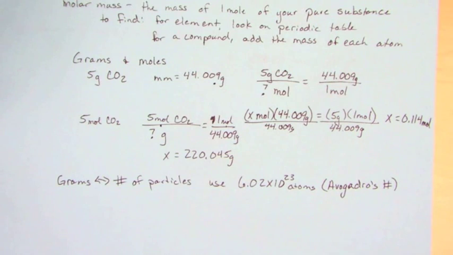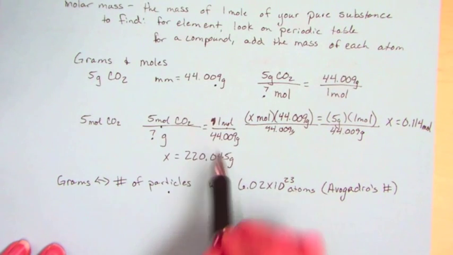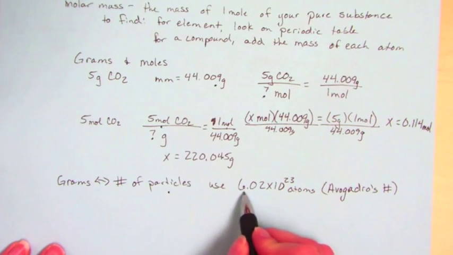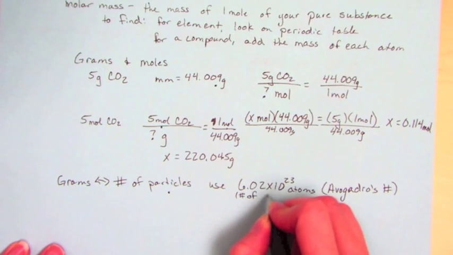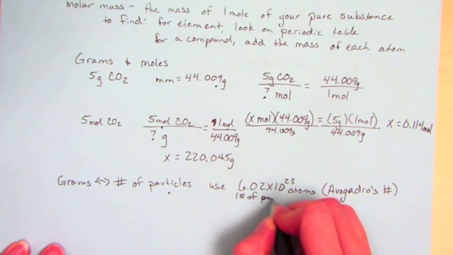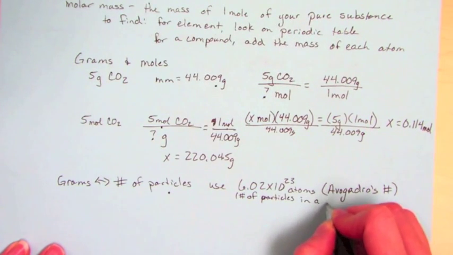To do this, going from moles to number of particles, you would set up one proportion just like you did here, because this is the number of particles in a mole.